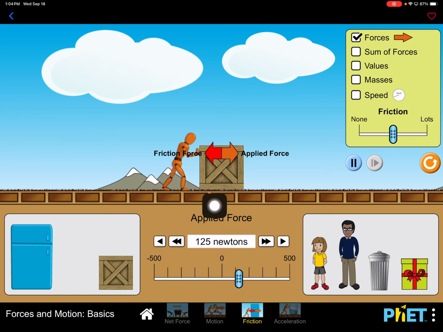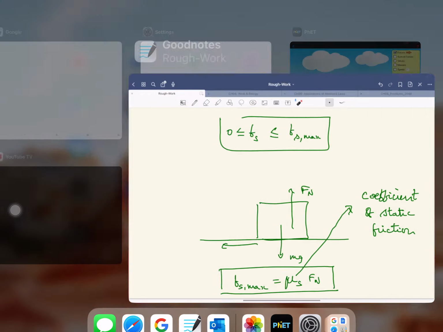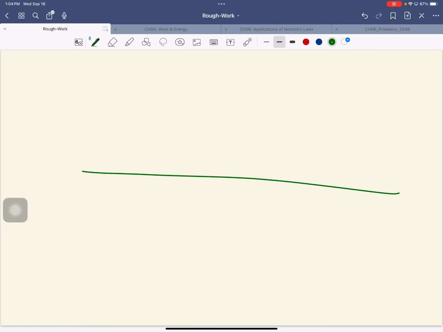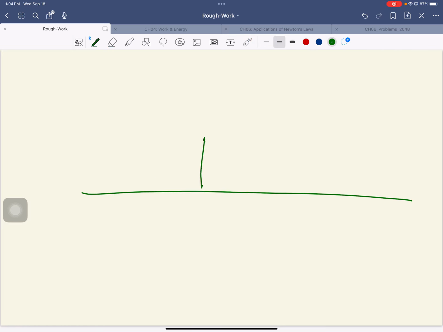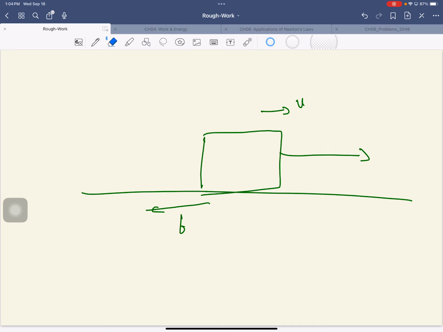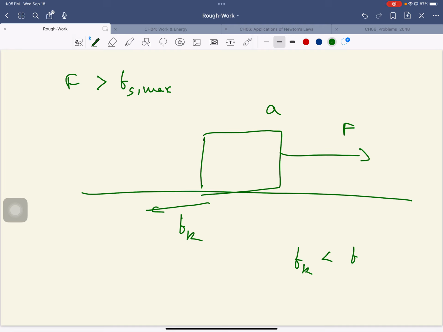Once the object starts moving, there's a friction force, but it becomes a kinetic friction force, and that kinetic friction force is always smaller than the maximum static friction force.